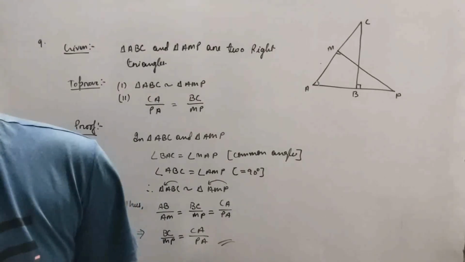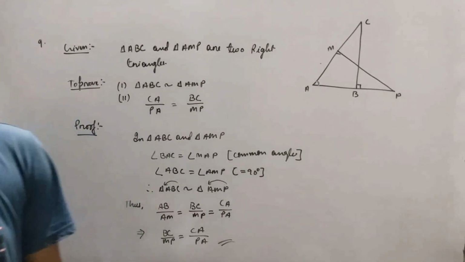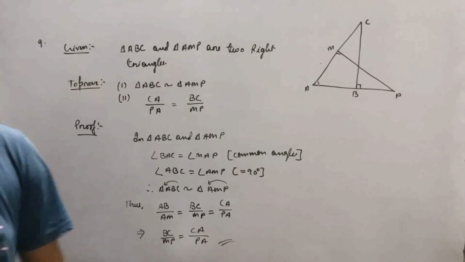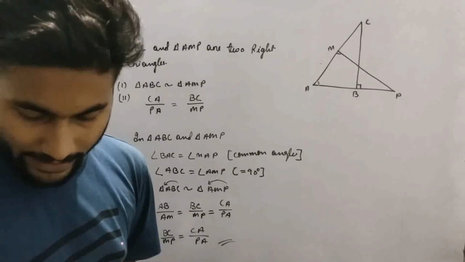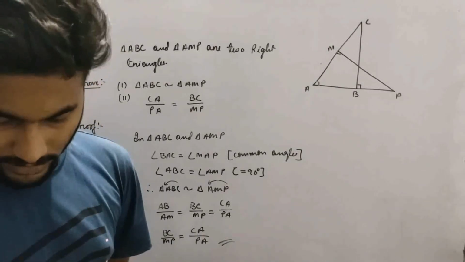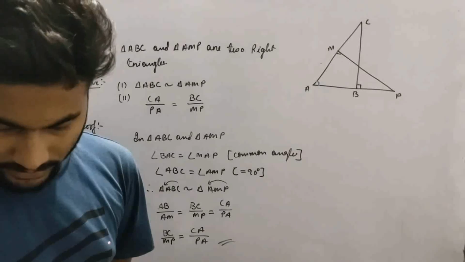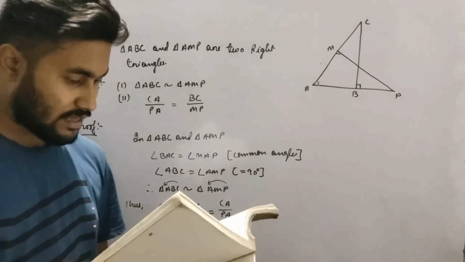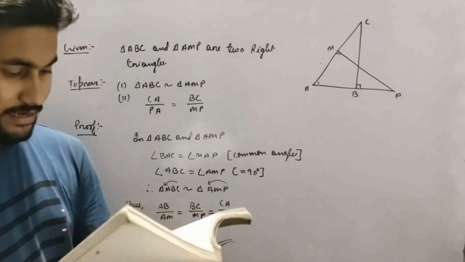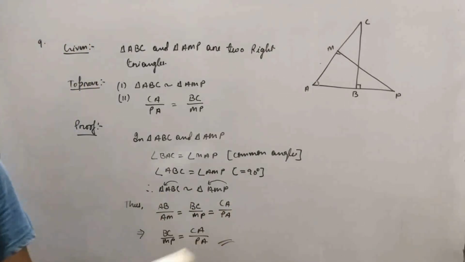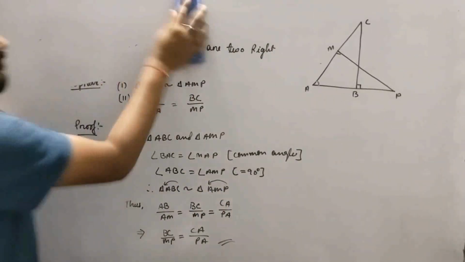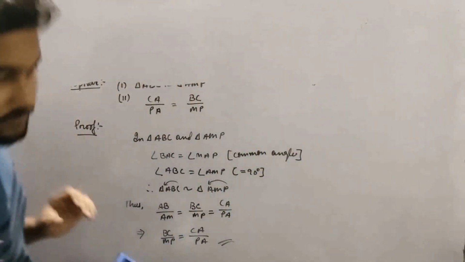Okay, so question number 10. CD and GH are respectively the bisectors of angle ACB and angle EGF such that D and H lie on the side AB and FE of triangle ABC and triangle EFG. Okay, so draw two triangles.